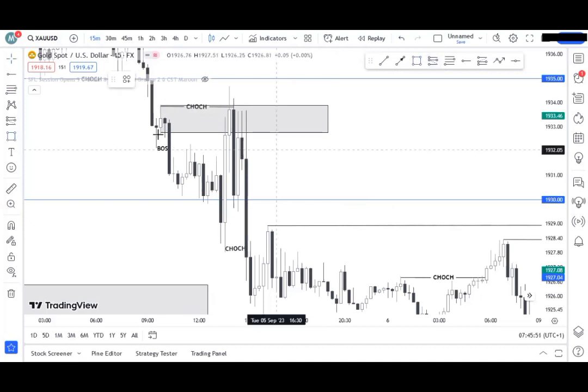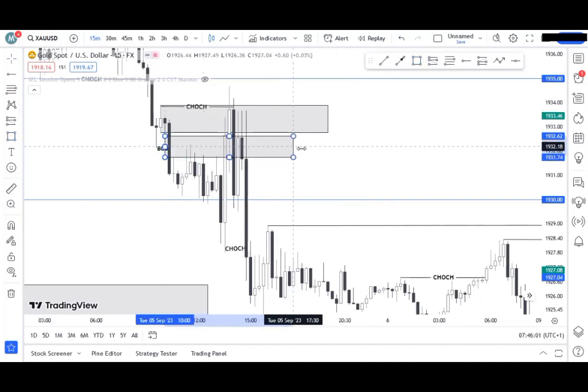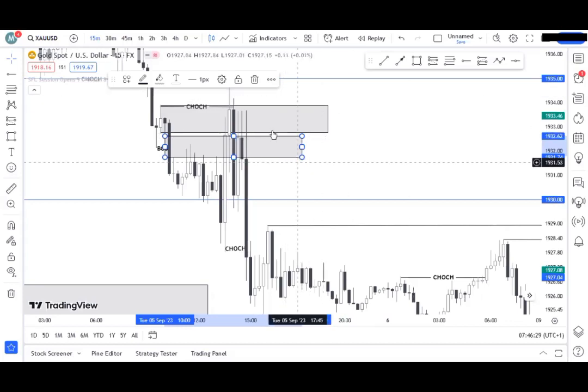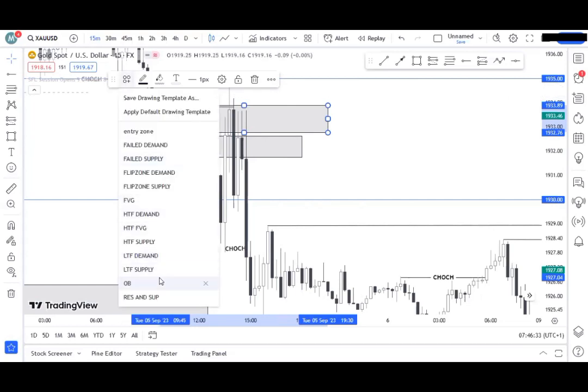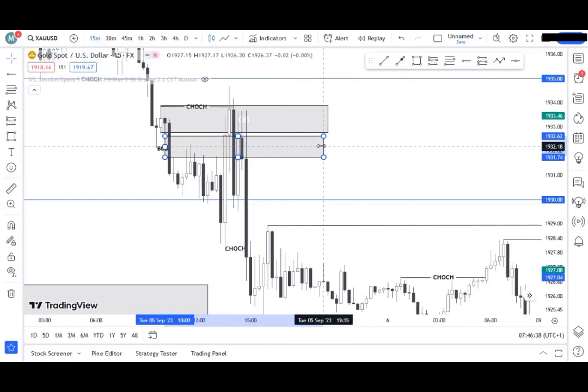So right here, this thing, fair value gap right there. So the order block, which is this here, we label it order block and label here fair value gap right here.